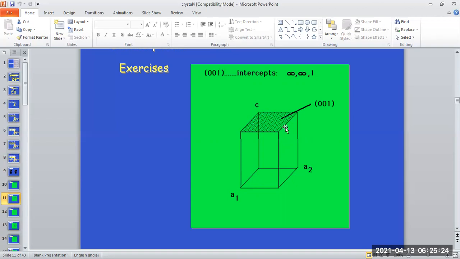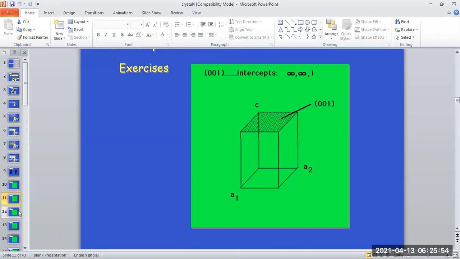This plane is completely cutting the z-axis at C. The plane is parallel to the other two axes, so we represent the intercepts on the other two axes as infinity, and the reciprocal of infinity gives us zeros. So we have written 0 0 1.